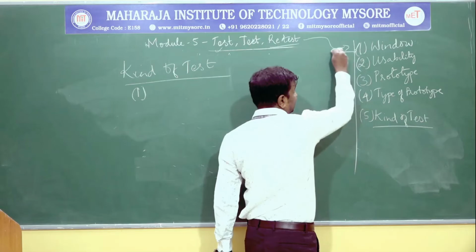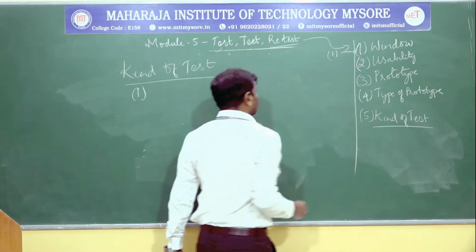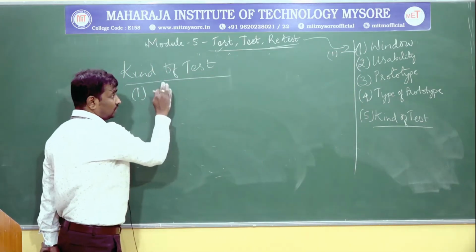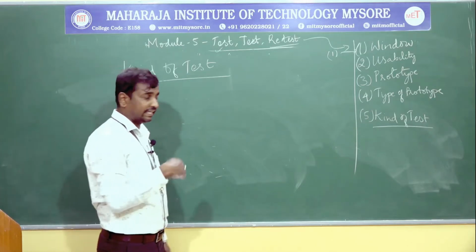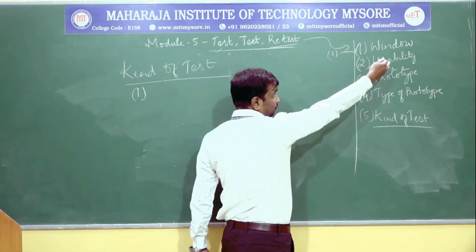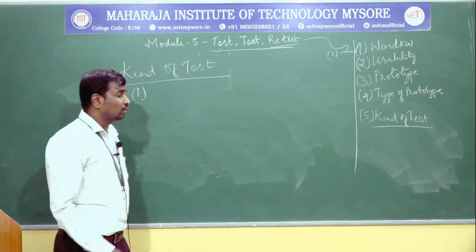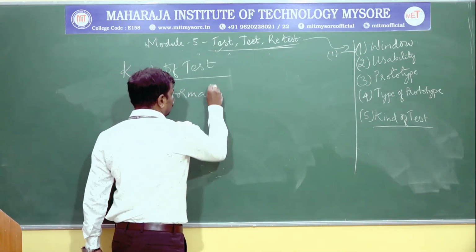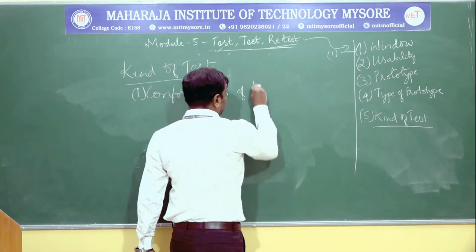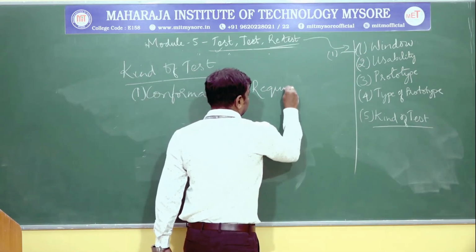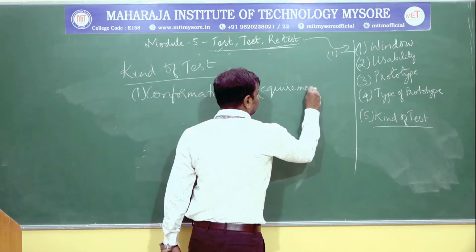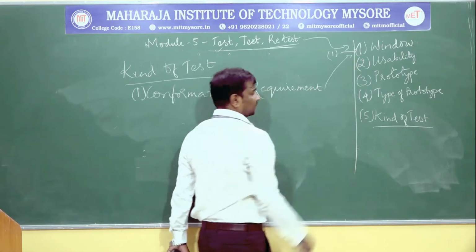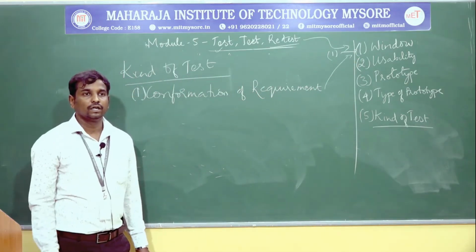That is done in step 1, like the operations we have done with respect to the Windows testing. So the first step is confirmation of requirements, which we have already gone through.